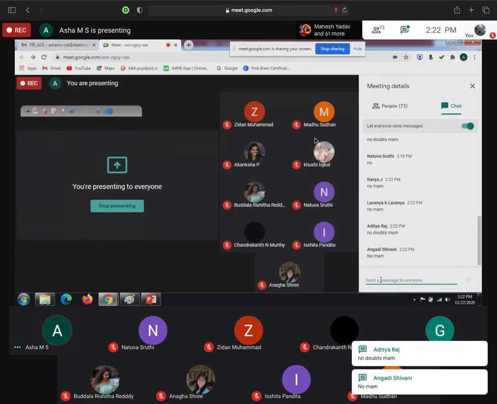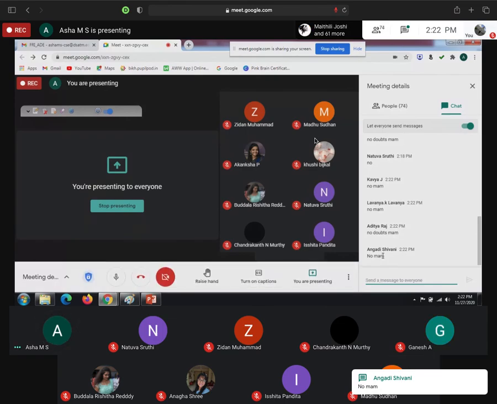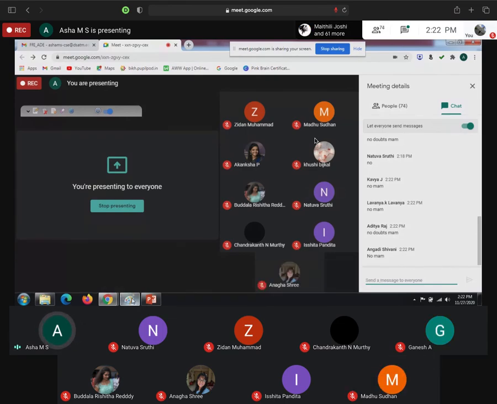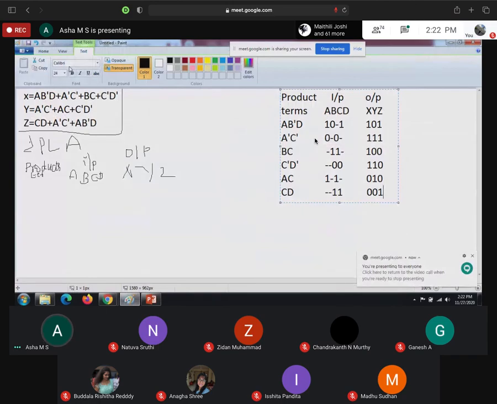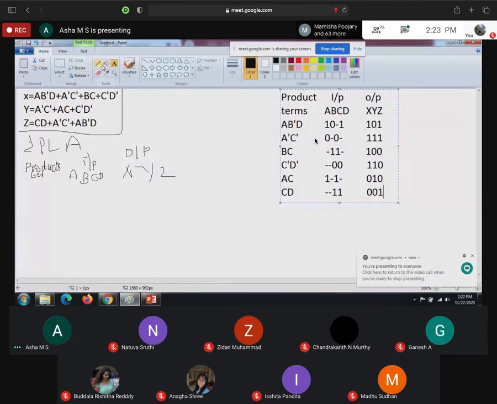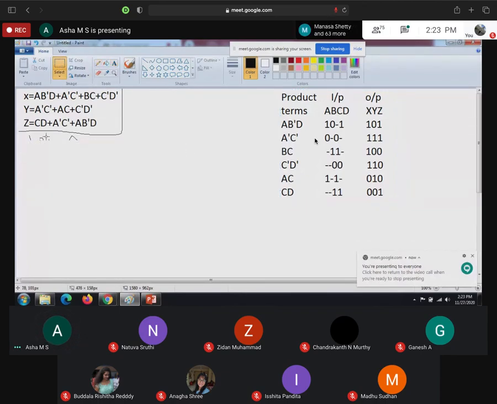Once the table is ready, you can write the PLA structure. How to write the PLA structure? Hope you people copied this equation.